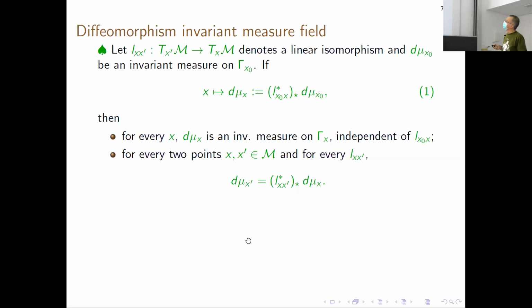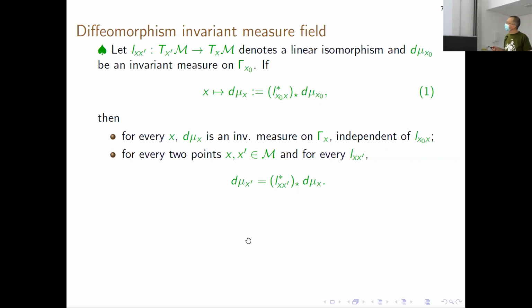Then I can use such a linear map to push forward this measure from the point x0 to the point x. And it is not difficult to show that the resulting measure, the mu x, is an invariant measure on this set of scalar products. Moreover, this measure is independent of the choice of this linear isomorphism. You can use any other to obtain the same measure.